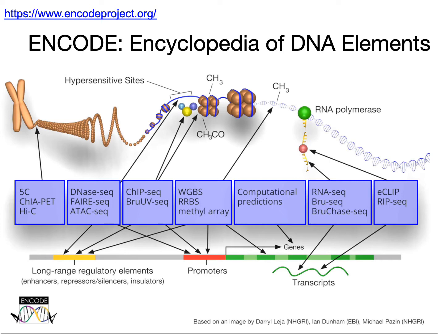This figure is taken from the ENCODE project's website. ENCODE stands for the Encyclopedia of DNA Elements, and it provides data from a large collaboration that started back in 2003. The picture captures the complex molecular structure of DNA, and the blue boxes below show an assortment of different technologies that are available for measuring the different molecular structures.